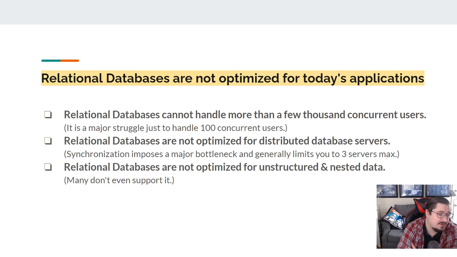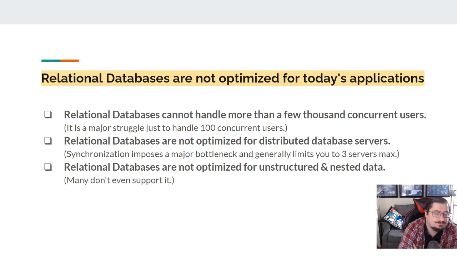Because of all the synchronization overhead, even beyond what we've talked about, there are usually some major bottlenecks in there, up to the point that it limits you to 3 servers at most. It's hard to go above that number with relational databases.